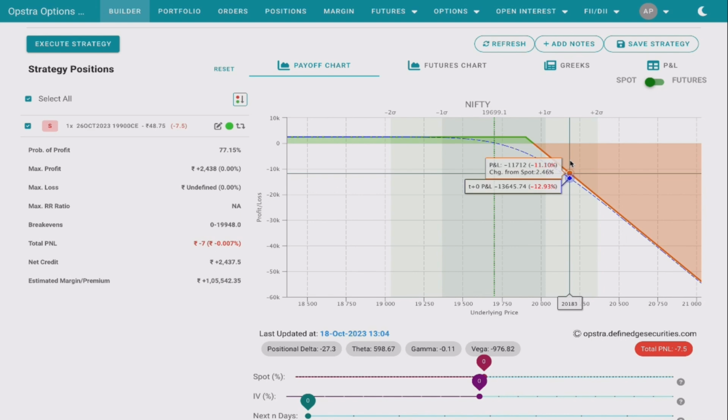Can that happen 3 or 4 times? Yes, because there is a 23% probability that this strategy is going to be unprofitable, and it is those black swan events which can never be predicted that can cause serious damage to this strategy.